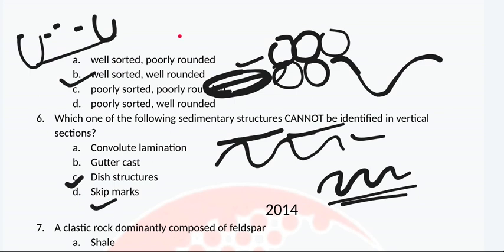In skip mark, if you cut vertically, the skip mark will be destroyed. How will it be destroyed? So skip mark is like this. There is a mark here, then here, like this. It will produce a saltating effect.